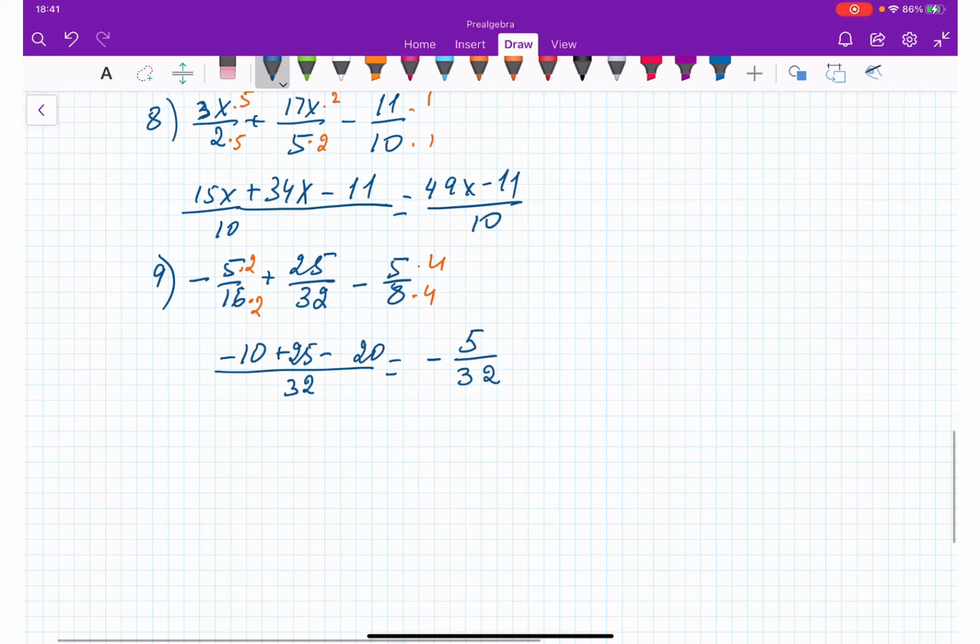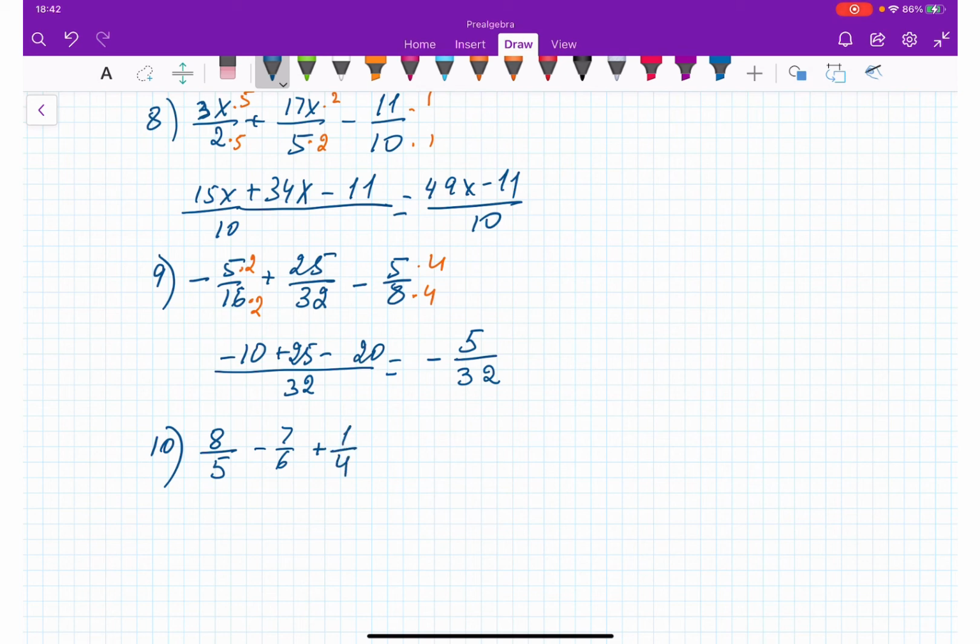Number 10. Let me see how they are showing to solve. Yeah, they are doing all three fractions together. Very nice. I was thinking they would go over the first operation and second operation, but smart. 8 over 5 minus 7 over 6 plus 1/4. So 5, 6, and 4.